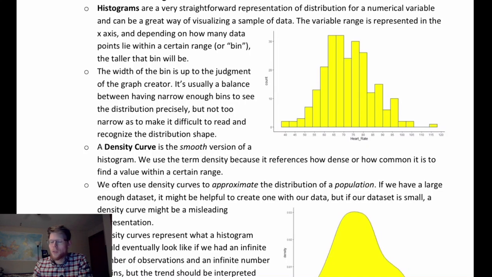But one thing that I like to say is that you don't want a bunch of unnecessary gaps within your data. If you have so many bins that you have nothing in several places throughout the core of your data, then you probably have too many bins. But you also want enough bins so you can see some shape. Because if I just used maybe 4 or 5 bins, I wouldn't get the same information. I wouldn't have as clear a picture of what's going on. So I'll just mention that in passing.